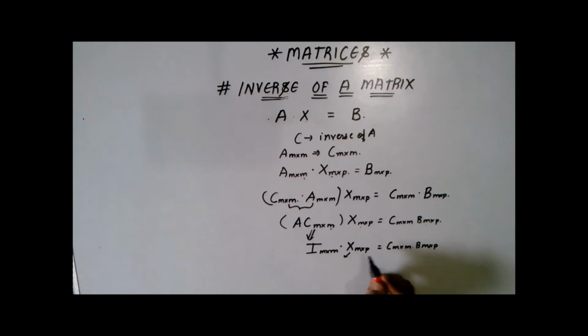So, we would get a unique value for X, that is C m by m multiplied by B m by p. These are the orders.